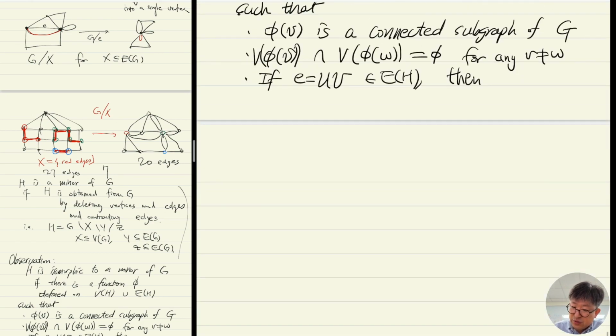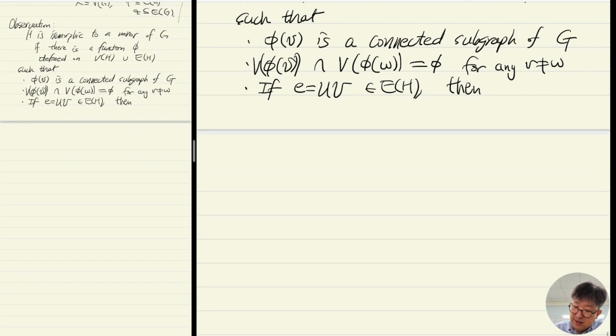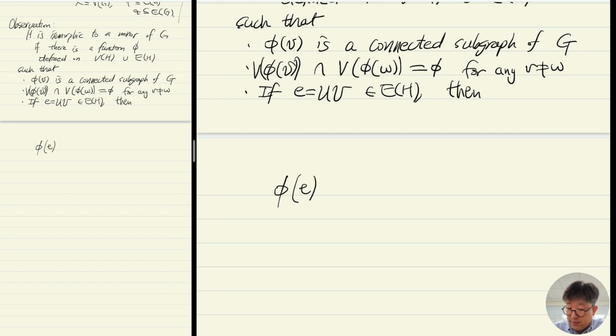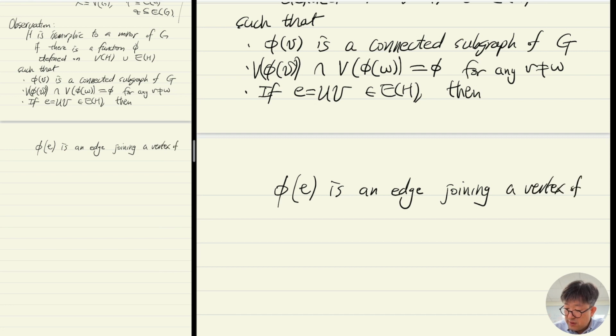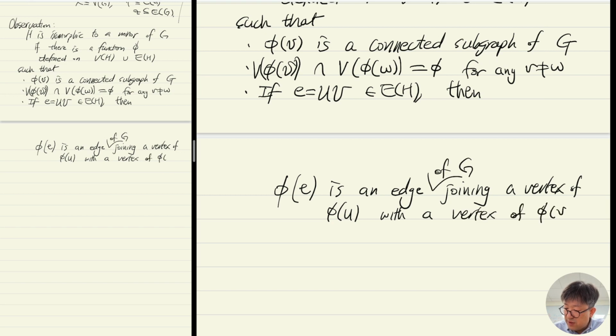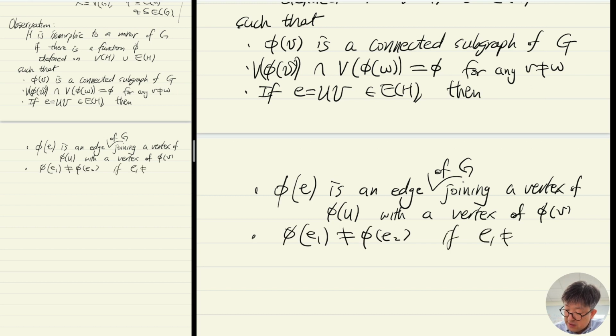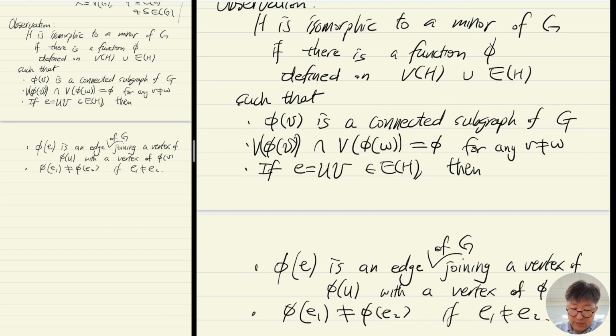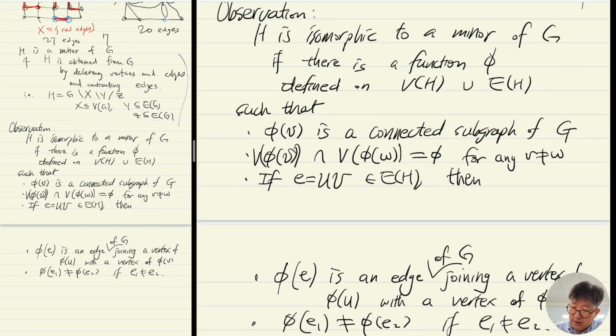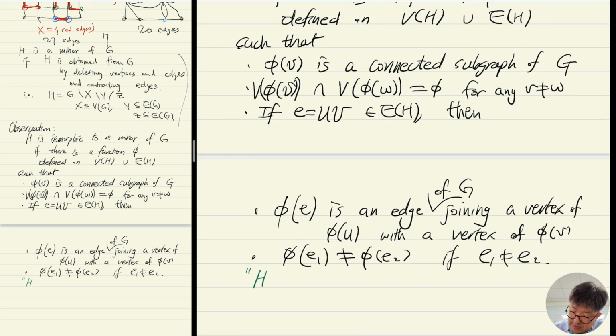So if an edge joins two vertices u and v of H, then its image is an edge of G joining a vertex of phi of u with a vertex of phi of v. And also I want to make sure that whenever e1 and e2 are different edges, their images are distinct. So this is what's called the H model.